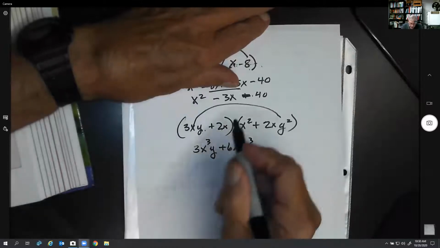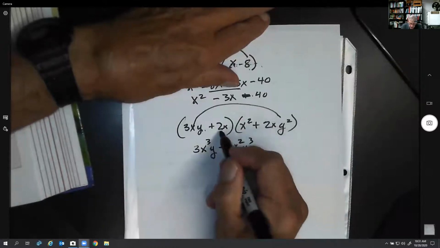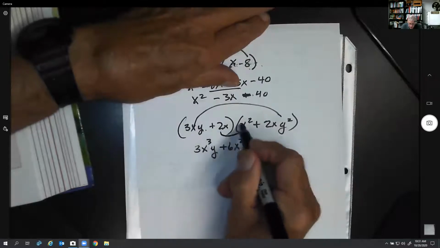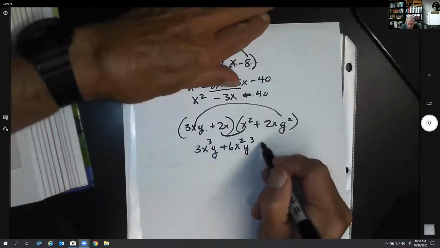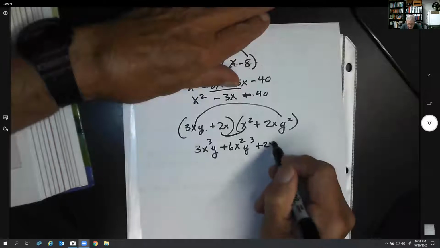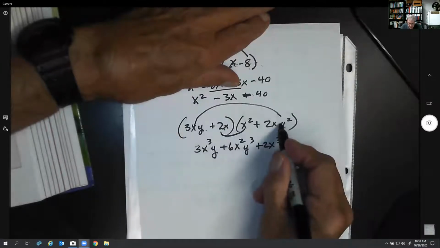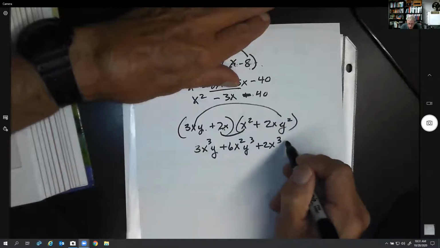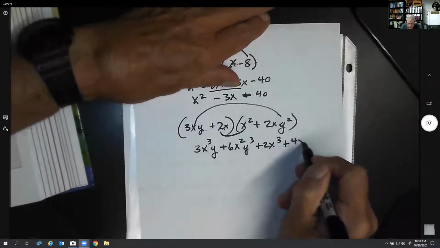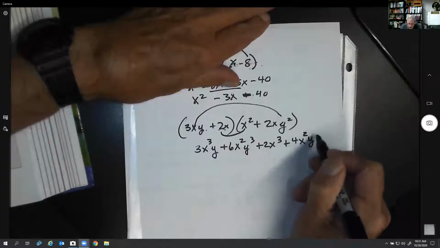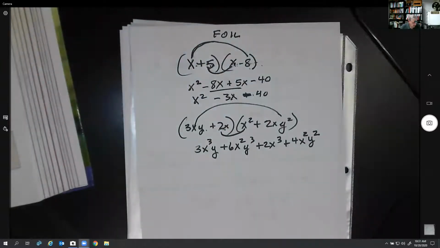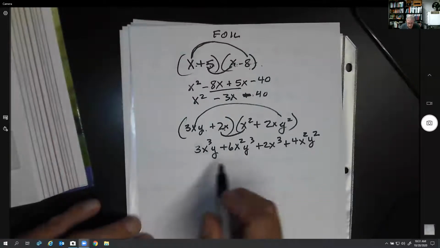And then we're going to go to the inner, the inside, where we're multiplying now by the 2x. That'd be 2x cubed. And finding the last term times the last term, that'd be 4x squared, y squared.